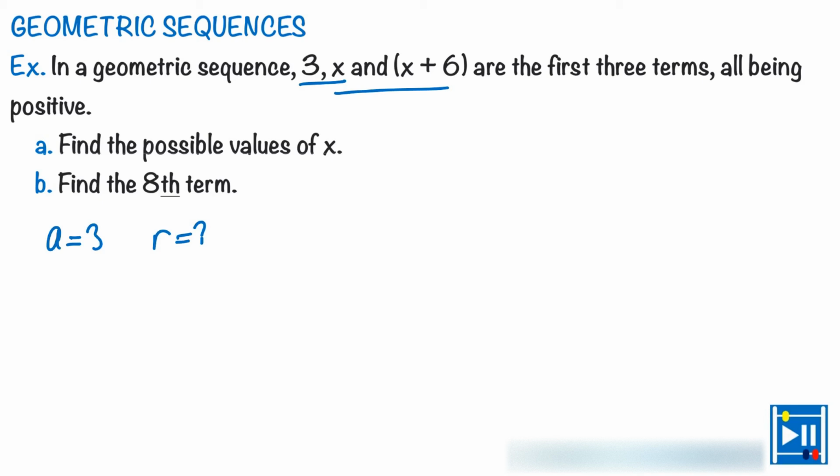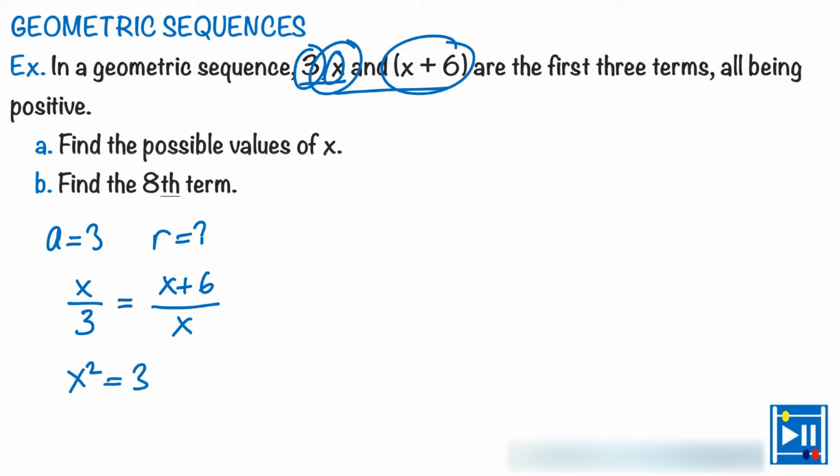So this must give me the same common ratio. So I go like x over 3 is the same as x plus 6 over x. So because I compared this to this, and then I compared this to this, it must be the same common ratio. So if I cross multiply, I get x squared equals 3x plus 18, right?